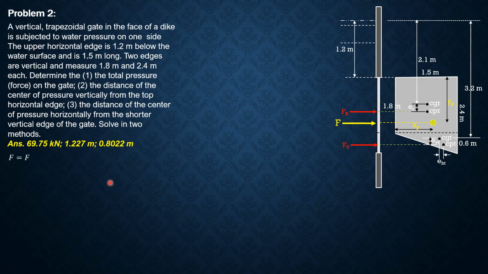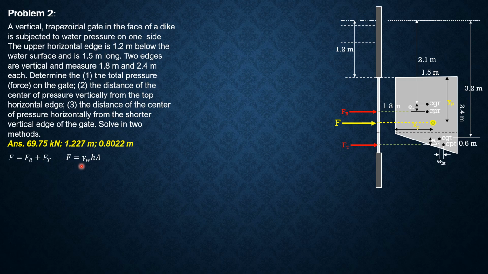So the total force is F_R plus F sub T, and F is gamma times h-bar times area, the formula. But let's separate the areas into two so that it's easy for us to locate the center of pressure by Varignon's theorem later.